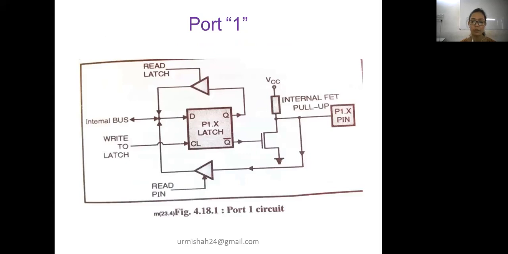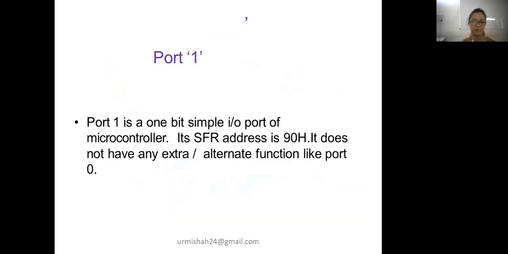In port 1, one modification in the diagram is that in port 0 there were two transistors connected back to back, but here you have only one transistor with a pull-up register. This is an extra feature in port 1 compared to port 0. Slight modifications are there in all the port diagrams. So you remember one diagram and then the modifications in the rest of the port diagrams.